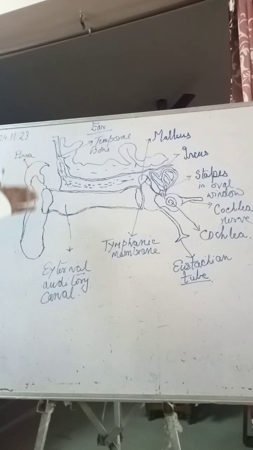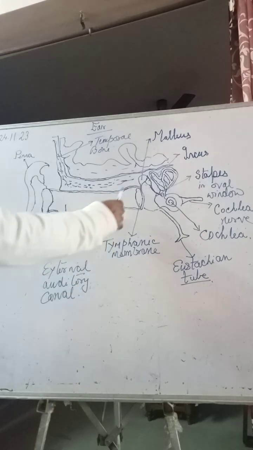It has fine hairs and some glands, and it receives vibrations from the air, which are carried through the external auditory canal to the eardrum, which is also known as the tympanic membrane. This you all remember. So these vibrations are received by the pinna and carried to the eardrum, that is the tympanic membrane.